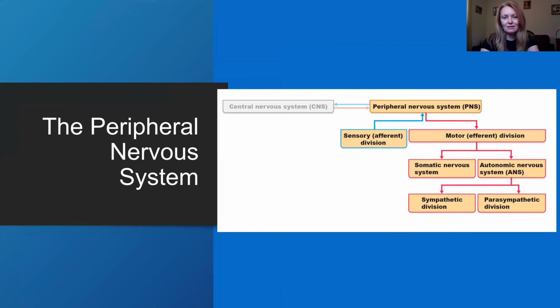We know that the nervous system is divided into the central nervous system, that includes your brain and the spinal cord, and the peripheral nervous system, or PNS. Now, the job of the peripheral nervous system is to receive sensory information and send it to your central nervous system. The central nervous system will integrate this information and decide what kind of response is needed.